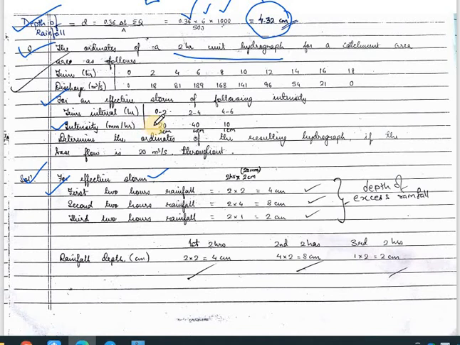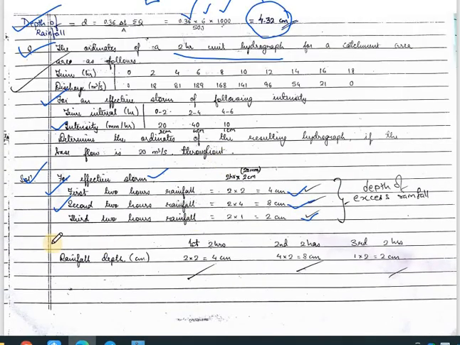Because it is in mm per hour, we need to convert it into centimeter. It will be 2 centimeter, 4 centimeter, and 1 centimeter. So 2 into 2 will give you 4 centimeter. This is the depth of rainfall for the first 2 hours. For the second 2 hours it is 2 into 4, which gives you 8 centimeter depth, and the third one will be 2 into 1, which is 2 centimeter.